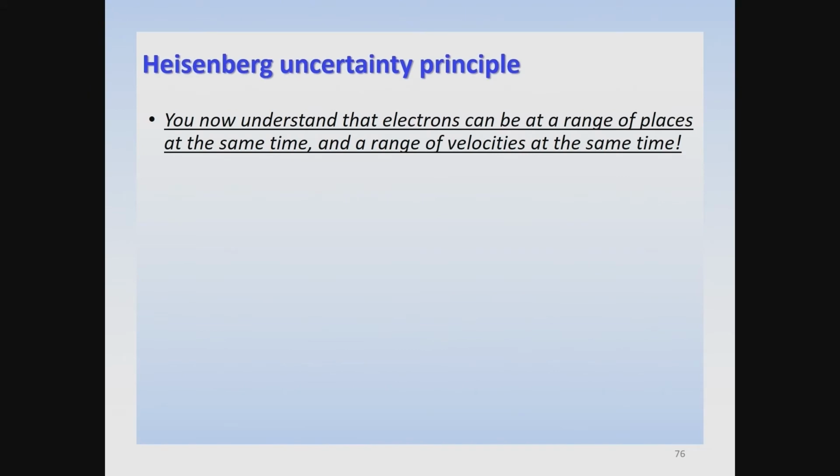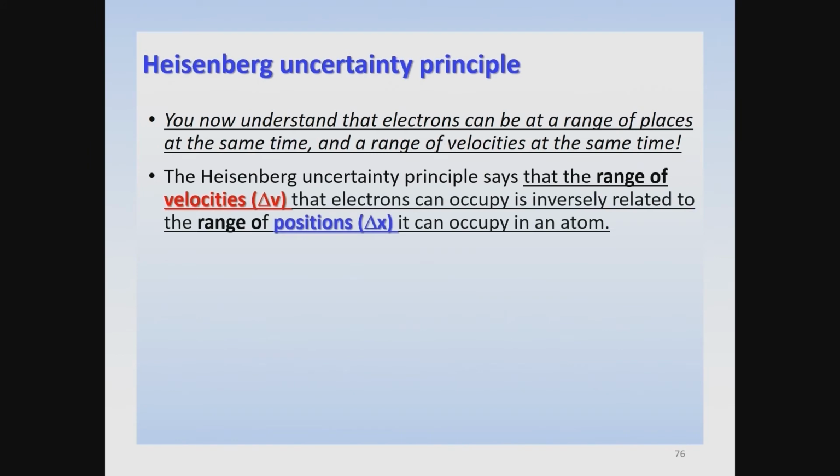So this brings us to the Heisenberg uncertainty principle. Now you understand electrons can be in a range of places at the same time, and they can also have a range of velocities at the same time. What the Heisenberg uncertainty principle says is that the range of velocities, which is symbolized by delta v, that electrons can occupy is inversely related to the range of positions, which is delta x, it can occupy in an atom.